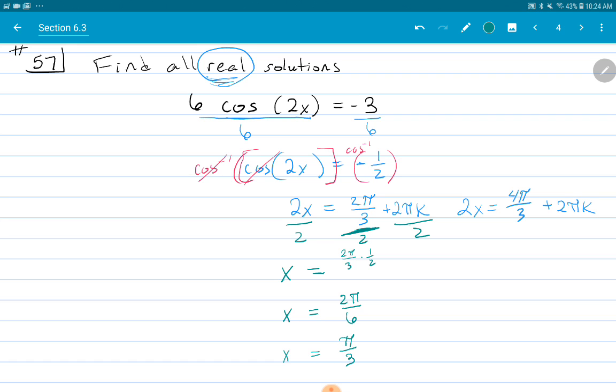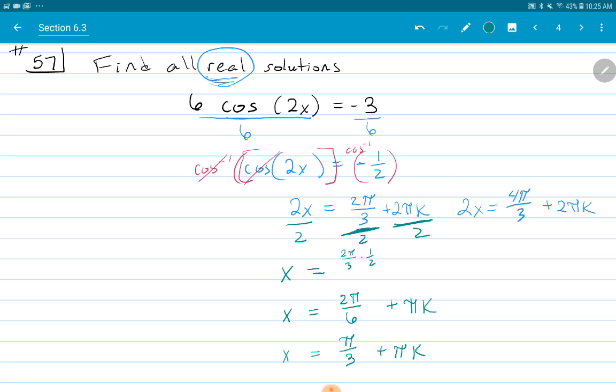And I have to do that to this term also. So that 2 pi k becomes just pi k. So any multiple of pi.